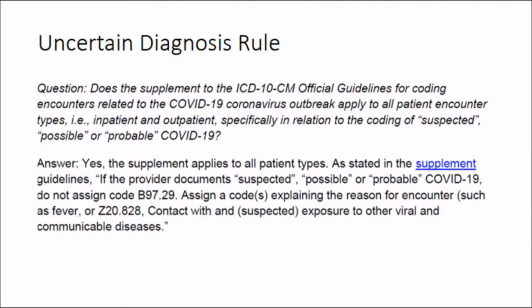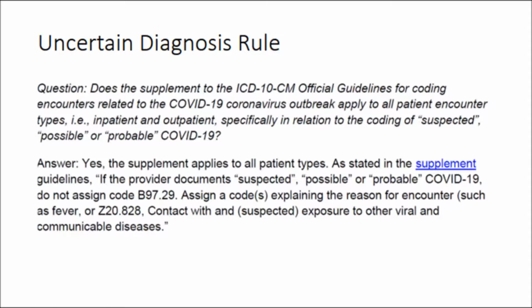Question: does the supplement to the ICD-10-CM official guidelines for coding encounters related to the COVID-19 coronavirus outbreak apply to all patient encounter types, that is, inpatient and outpatient, specifically in relation to the coding of suspected, possible or probable COVID-19? Answer: yes, the supplement applies to all patient types.